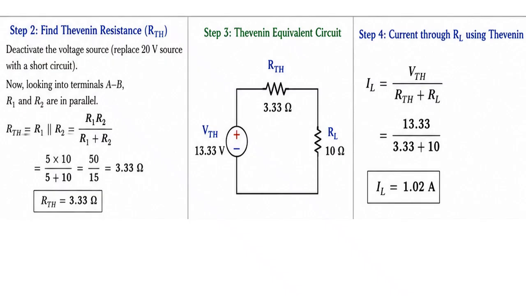By substituting the values of VTH, RTH and RL, we find the load current IL is equal to 1.02 ampere. So these are the basic problems related to Thevenin's theorem.